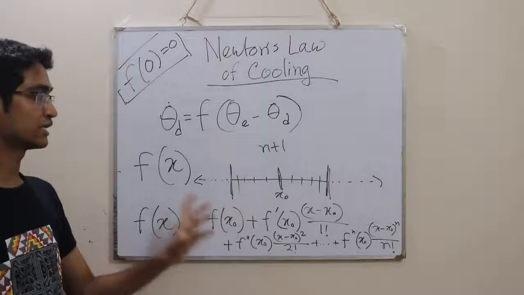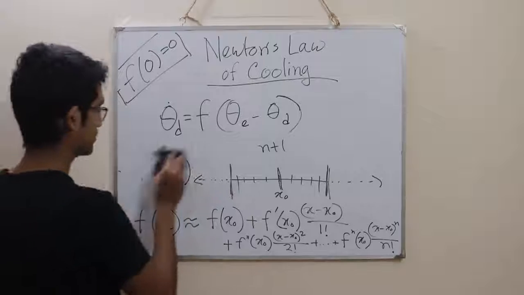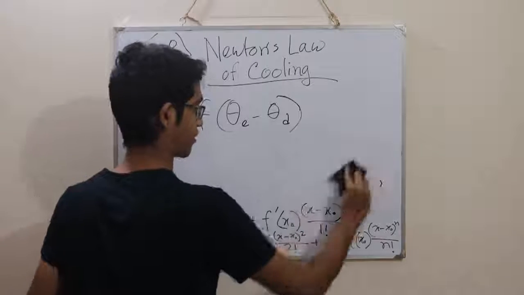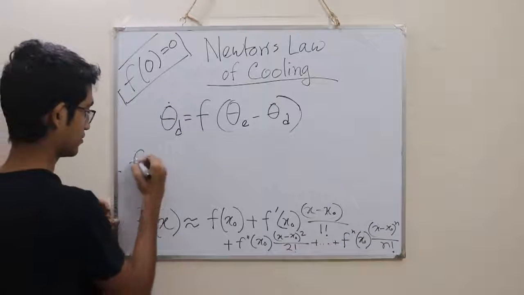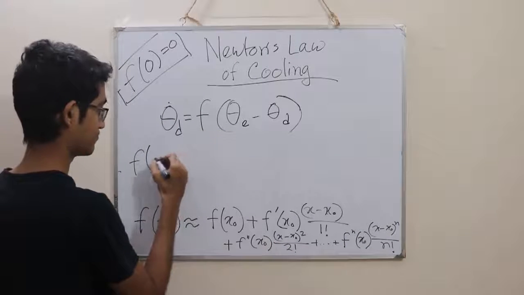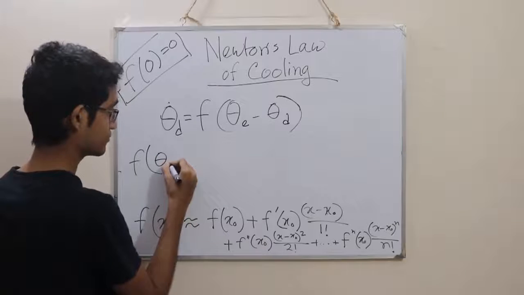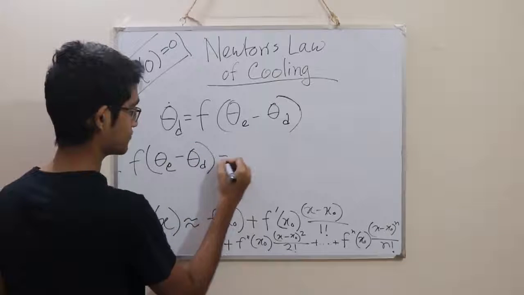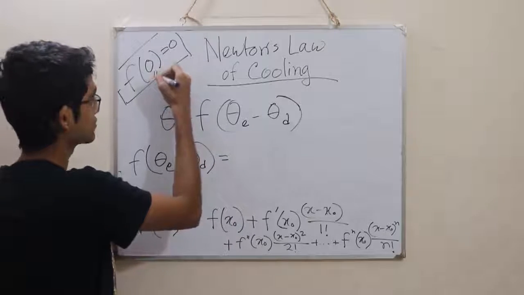So let's use the Taylor expansion in our case. In our case, our variable is this. So in our case, f of theta e minus theta d, this function can be approximated using this. This is our x naught.